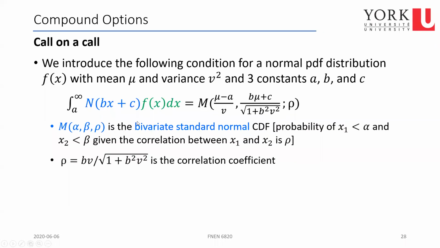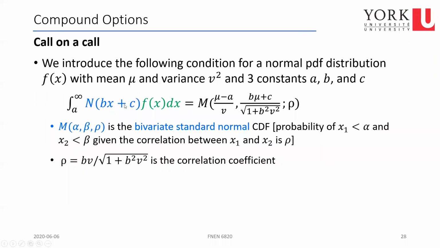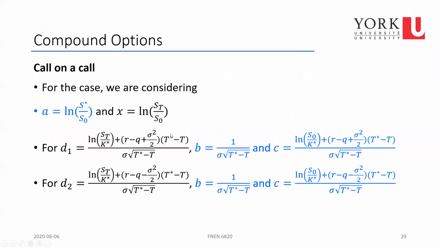We know that A is basically log S star divided by S naught. And what is X? X is the random variable, which is log S_t divided by S naught, since S naught is really a constant. So X is basically the log of this ratio. So we have to figure out B and C.